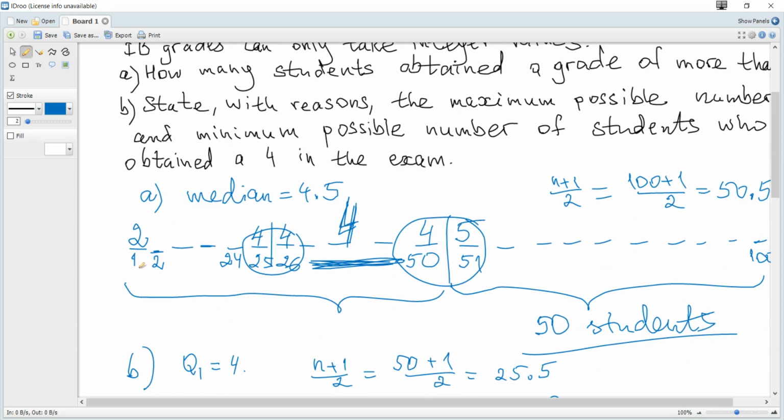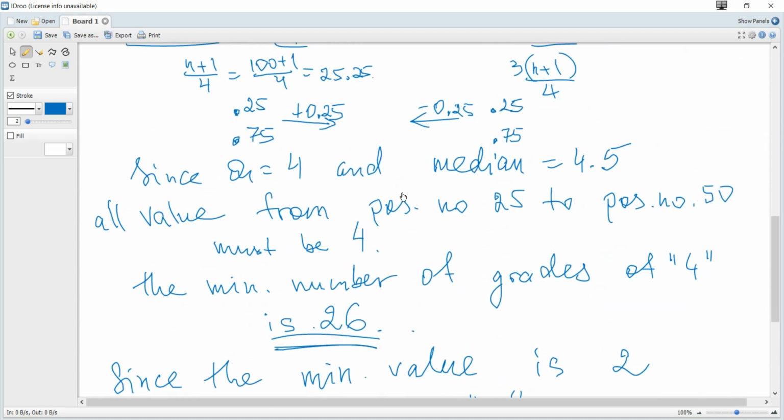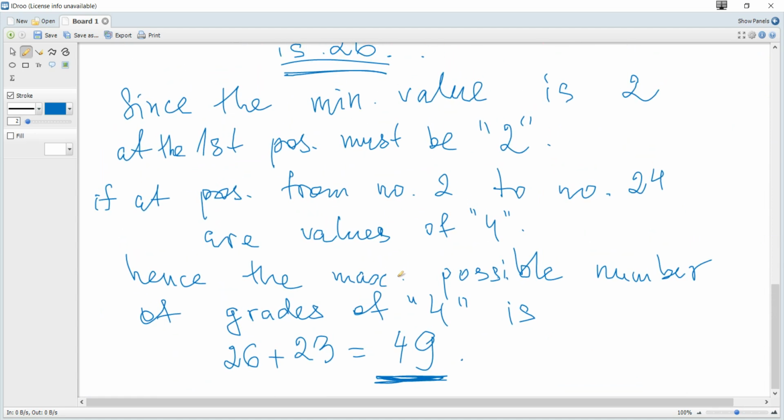At positions from 1 to 24, there may be 2s, 3s and 4s. If we need as many 4s as possible, starting at position number 2 up to position number 24 there may be values of 4, hence we get an additional 23 values of 4, so the maximum possible number of 4s is 49. And that's all for this question.